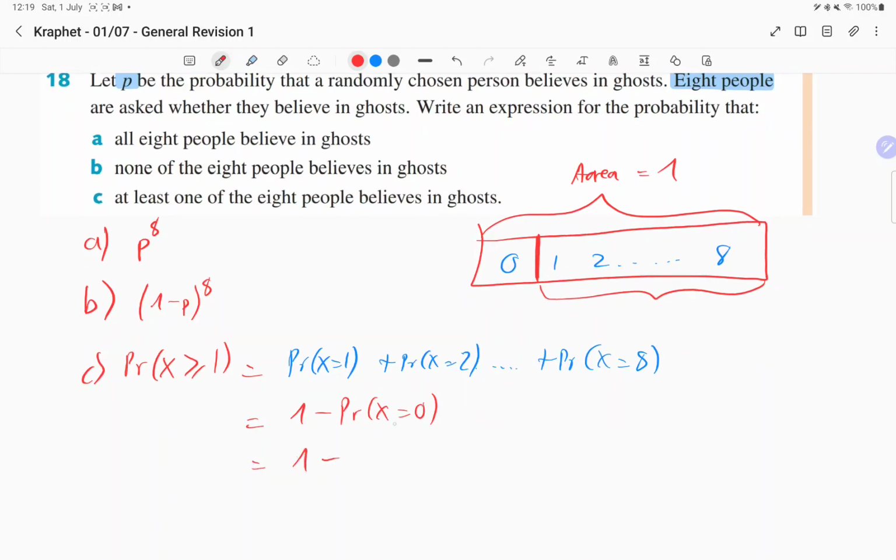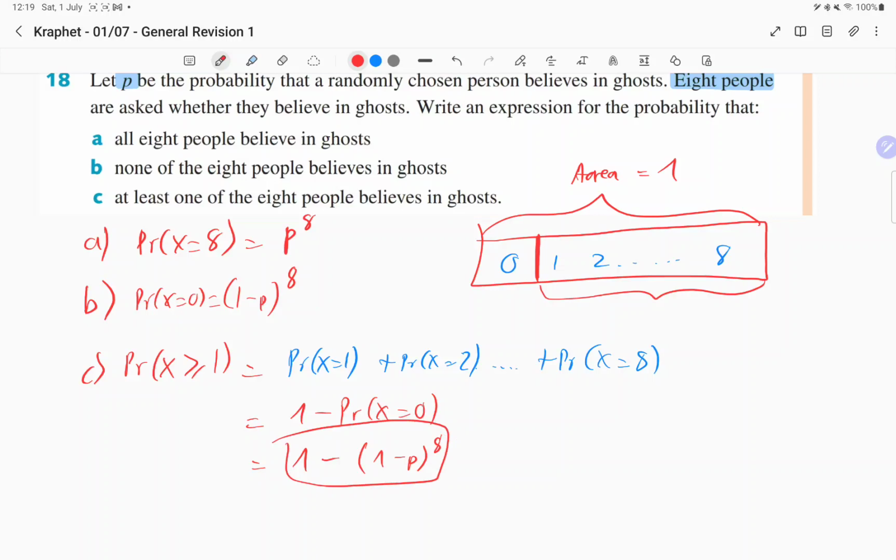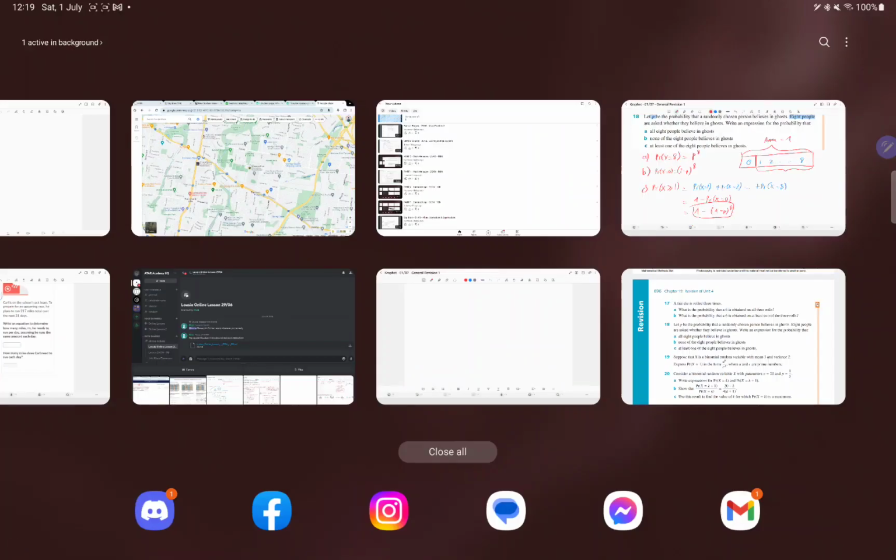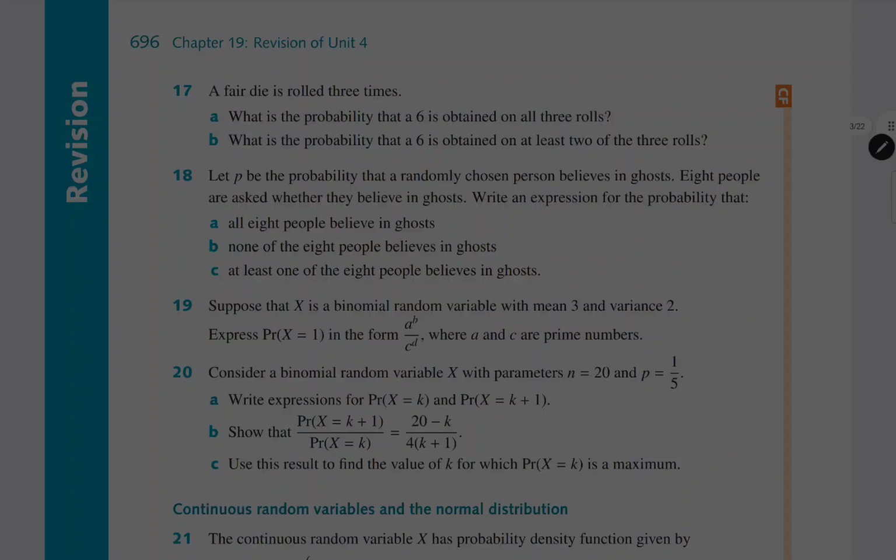So that'll be 1 minus P(x = 0). None of the 8 means P(x = 0) equals (1 minus P) to the power 8. So basically the answer is 1 minus (1 minus P) to the power 8. That's it. It's conceptually hard, but if you know it, it's not too difficult.